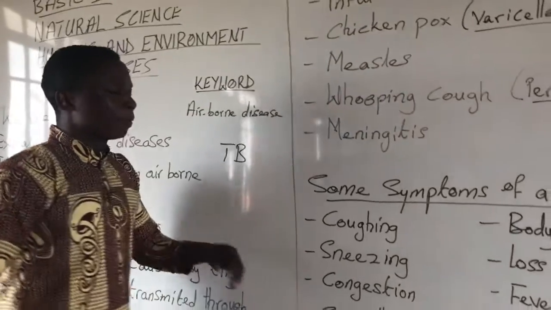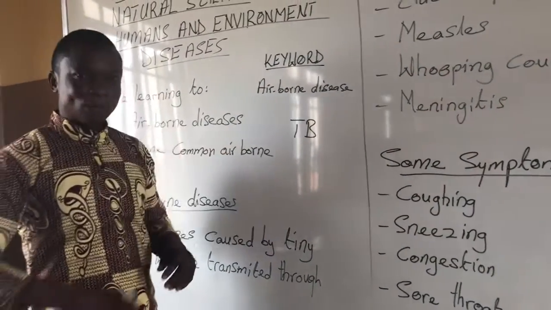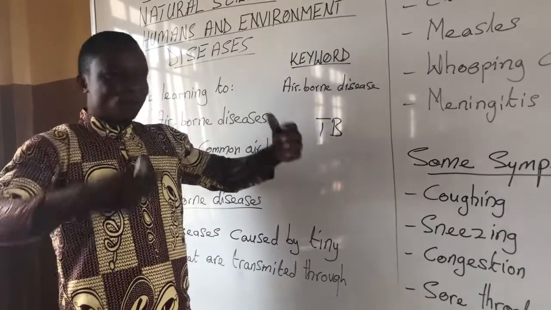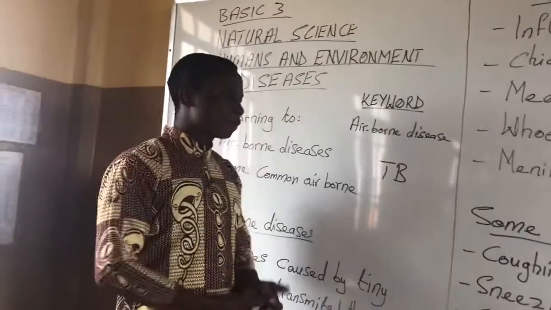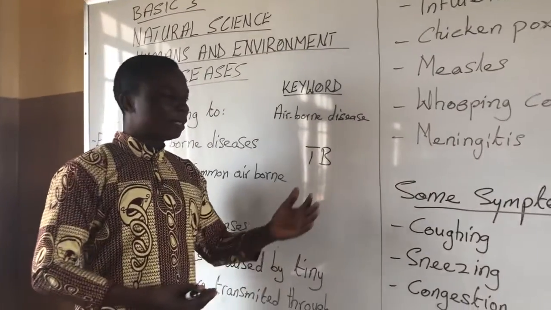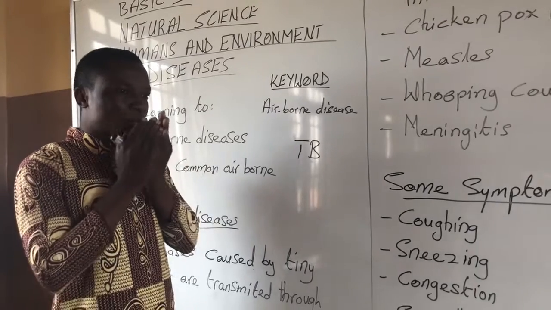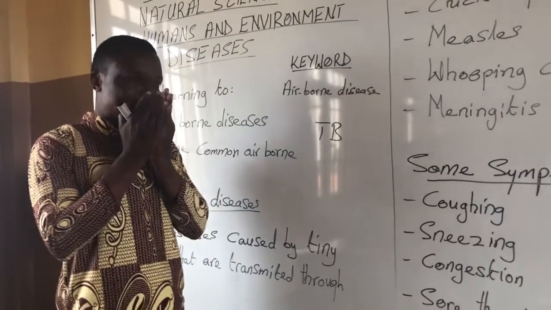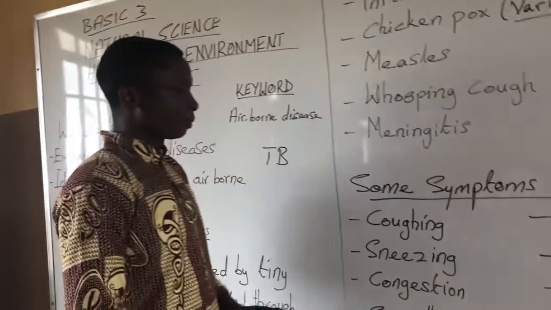Now sneezing. Again, sometimes phlegm from your nose, your mouth, saliva, everything will come out. It's very bad. When you catch any of this and you are coughing or sneezing, make sure you cover your mouth with a handkerchief. All right, let's look at congestion.